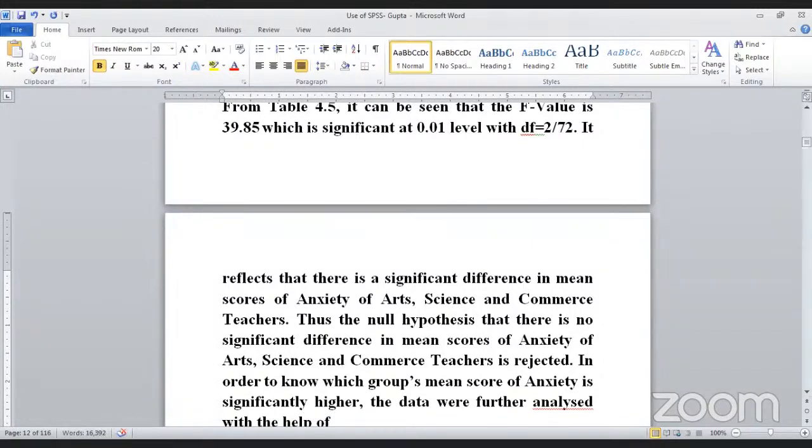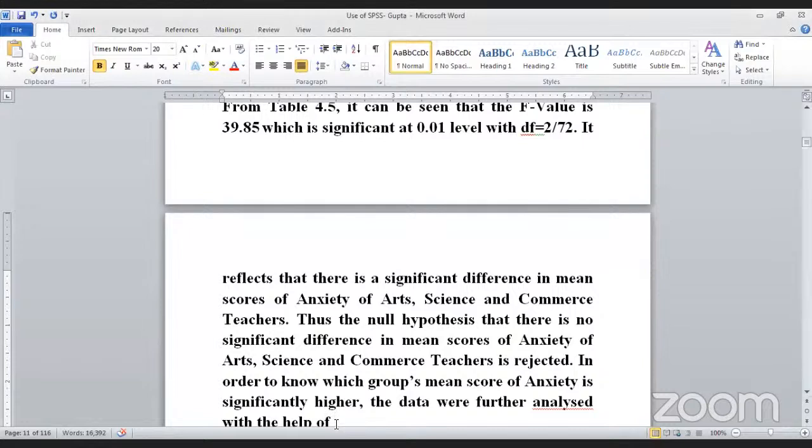Now, do you want me to analyze with the help of a t-test, or we have already analyzed with the help of LSD as well as the Duncan's multiple range test? So do you want me to interpret the Duncan's multiple range test or LSD, or you want me to analyze with the help of t-test? What do you want? Okay, if you want Duncan, then we can say like this.